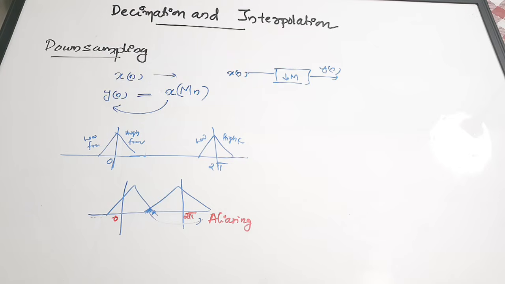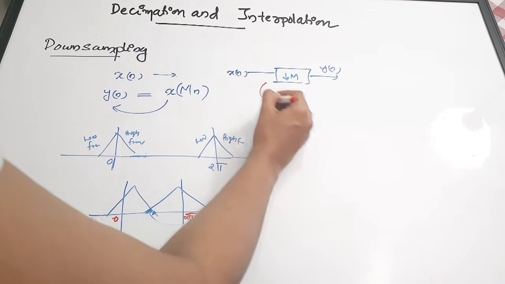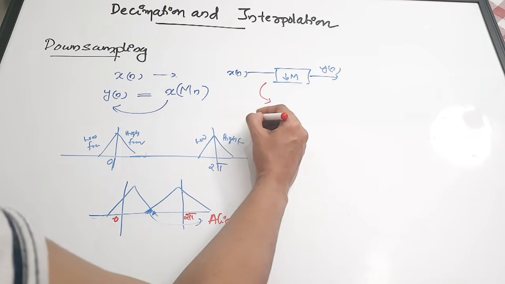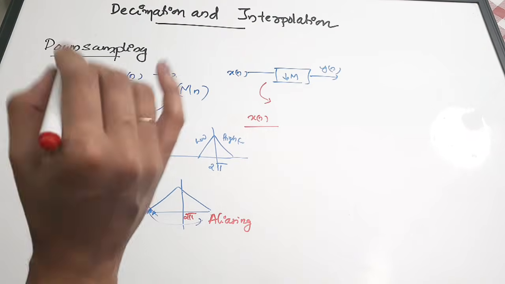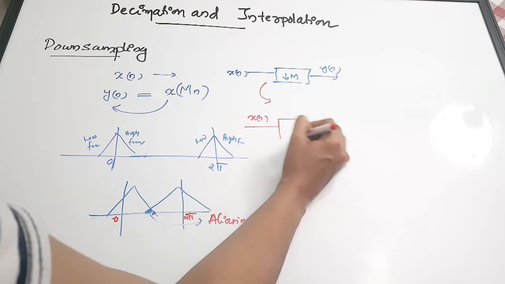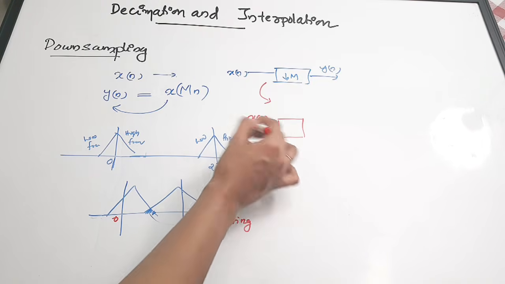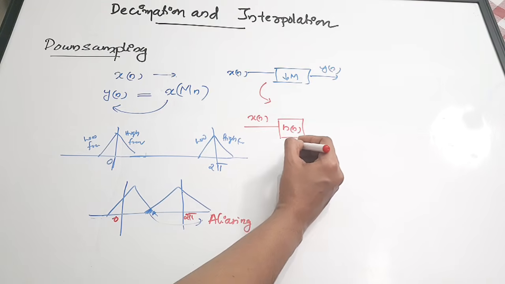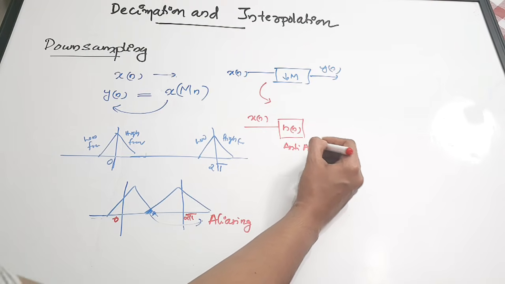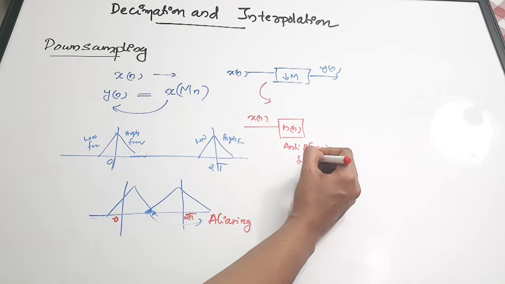And in order to avoid aliasing, we are going to use a low pass filter, which is called an anti-aliasing filter. Before giving the data for downsampling, we first band limit our input data to avoid aliasing. So this block will look like this with the presence of an anti-aliasing filter. First you pass your input signal through the anti-aliasing filter.